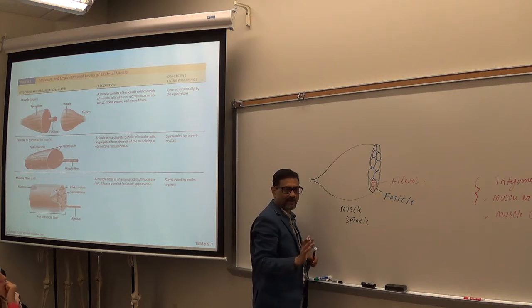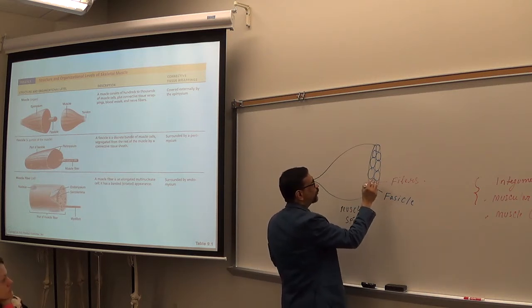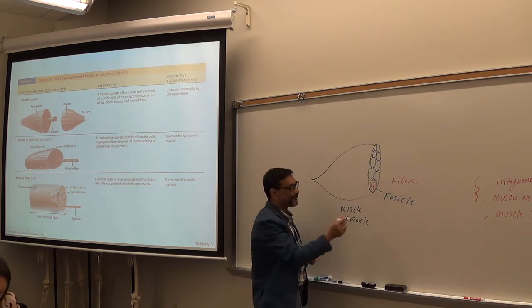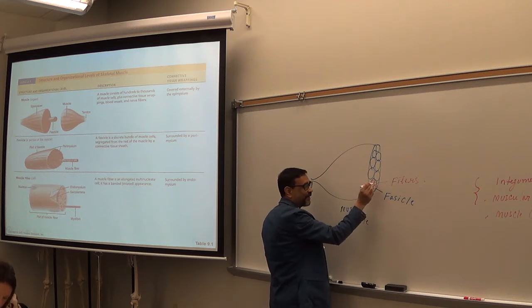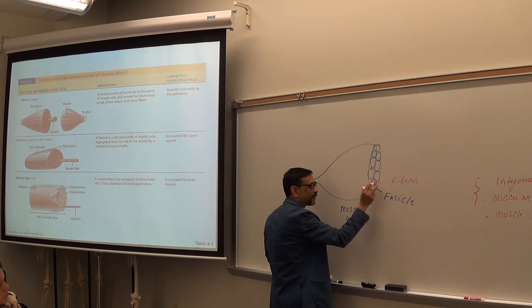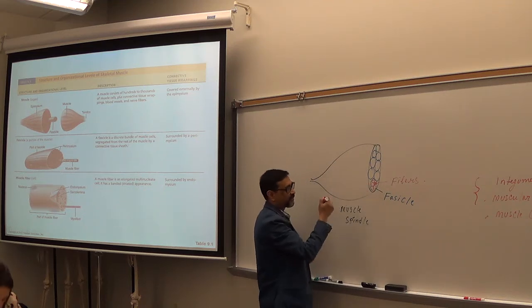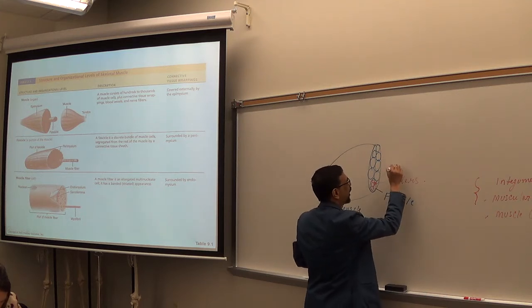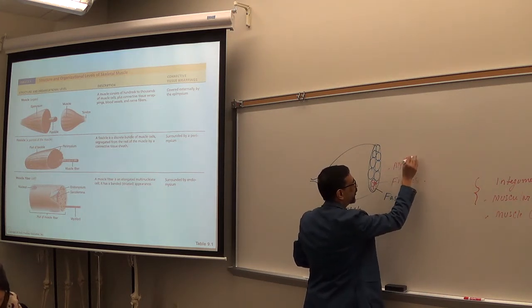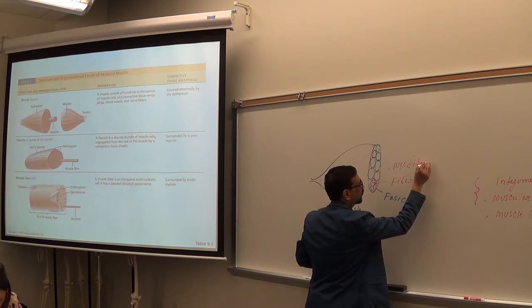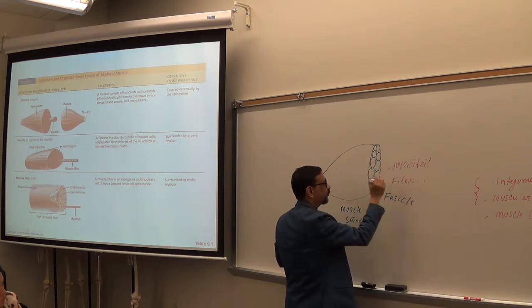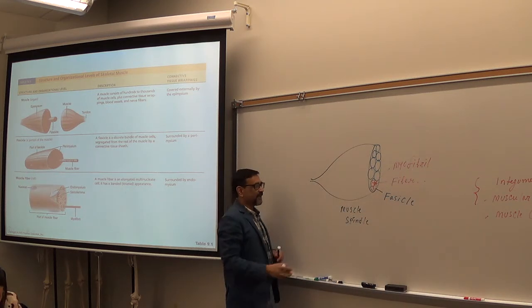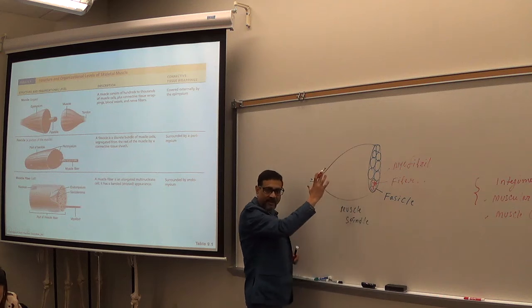Is it clear? Now inside the muscle fiber, again, I'll see many filaments, thin rod-like structures. Those are called myofibrils. So this is the structure of the skeletal muscle.